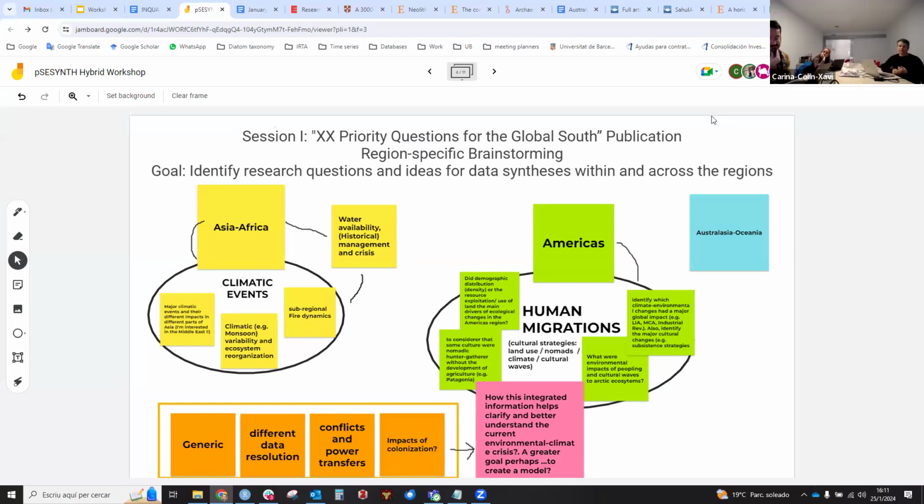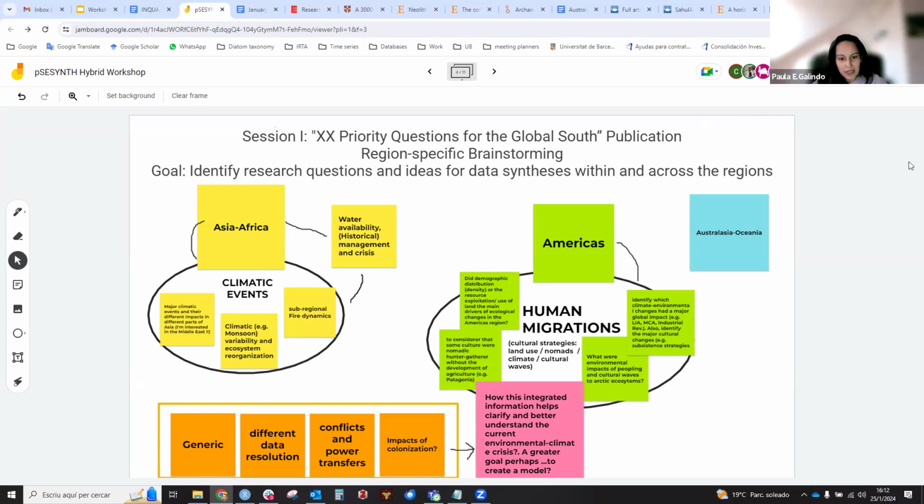And then we have the general things about the data, so different resolutions. I don't know who wrote this pink one. I don't know if they're here and can comment on that. I didn't get it too well.